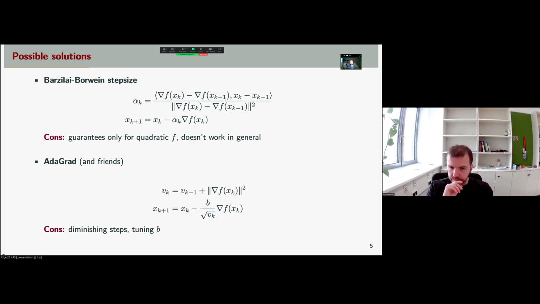And also, you need to tune b, because, at least from the performance side, these algorithms are very sensitive to this b, and you have no idea how to choose it. So there is still this issue. Okay, so probably there are some other approaches, but this is basically the most general one.